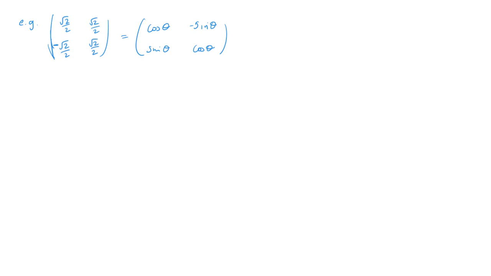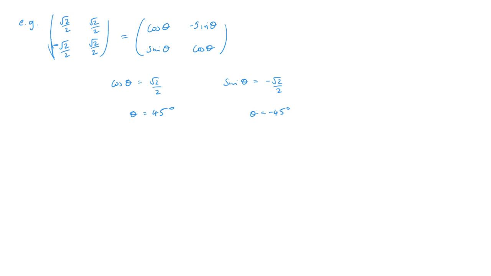Now when I'm comparing, if I just compare the one angle here, cos theta equals root 2 over 2, I'll get theta equals 45 degrees. But if I compare the sine theta, this bottom left, it's minus root 2 over 2. That gives me theta is minus 45 degrees when I go to my calculator.